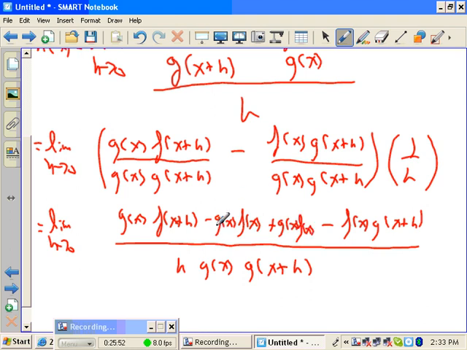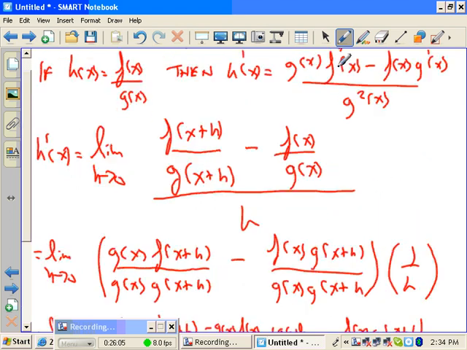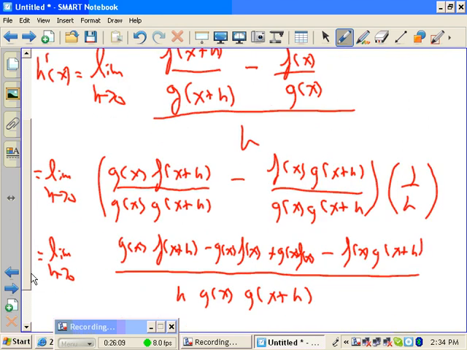Well, that's nice. If I factor out the g, I have f of x plus h minus f of x over h. That's an f prime. But wait, what do you factor out over here? f of x. Well, I wanted that. But then I want g prime. That's not g prime. I get g of x minus g of x plus h over h. That's not g prime.